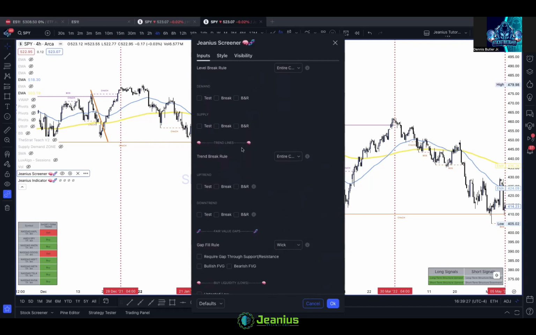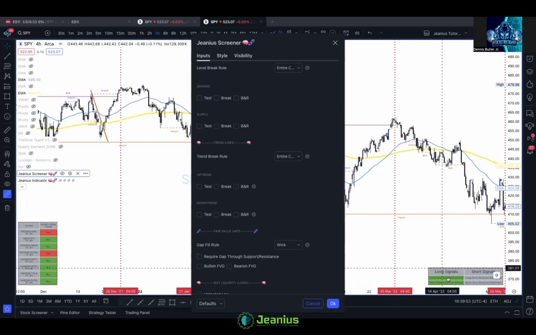So next is trend lines. You can also add trend lines to the screener. I don't like to use trend lines with the screener because the screener doesn't give you individual alerts within this chart, due to the fact that this chart is for confluences on other tickers.